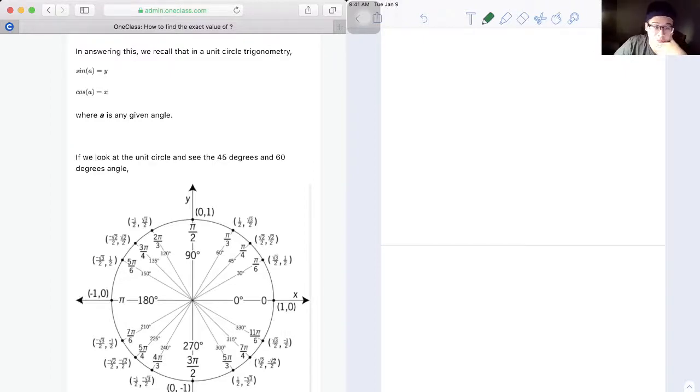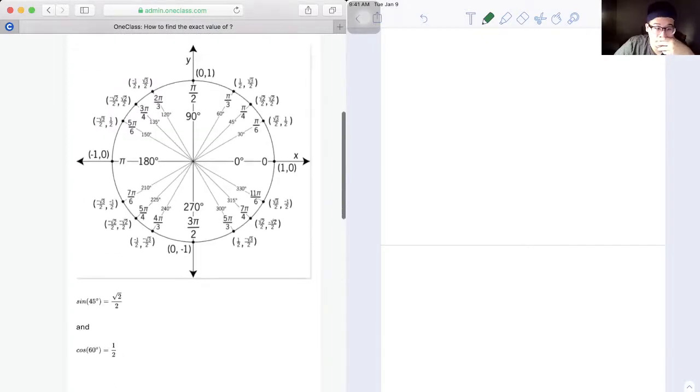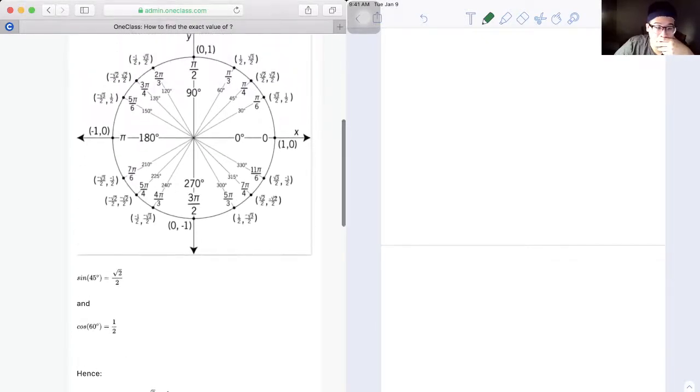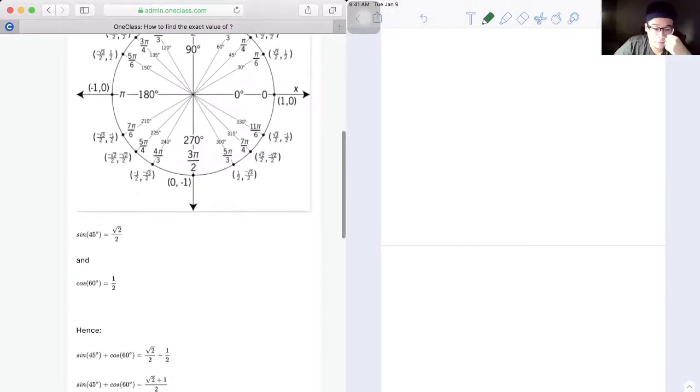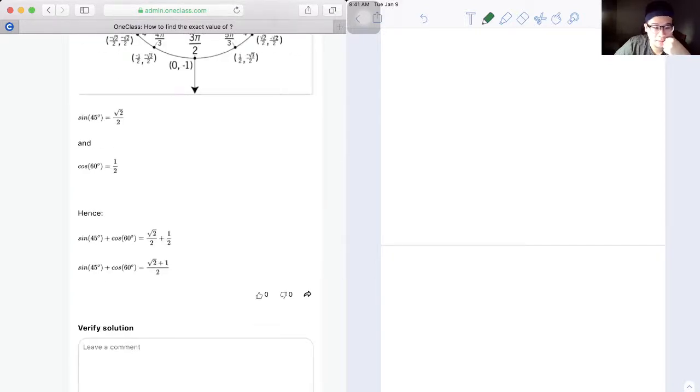Sine A is equal to y, cosine A is equal to x, where A is a given angle. So sine 45 is equal to root 2 over 2, and cosine 60 is equal to 1 over 2. And just add them together and simplify.